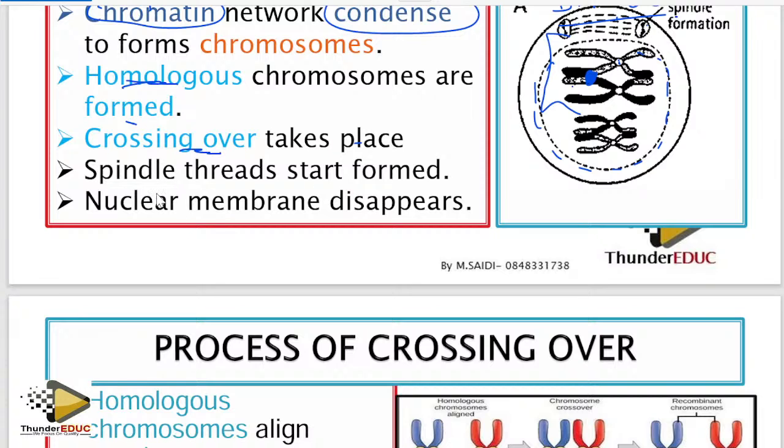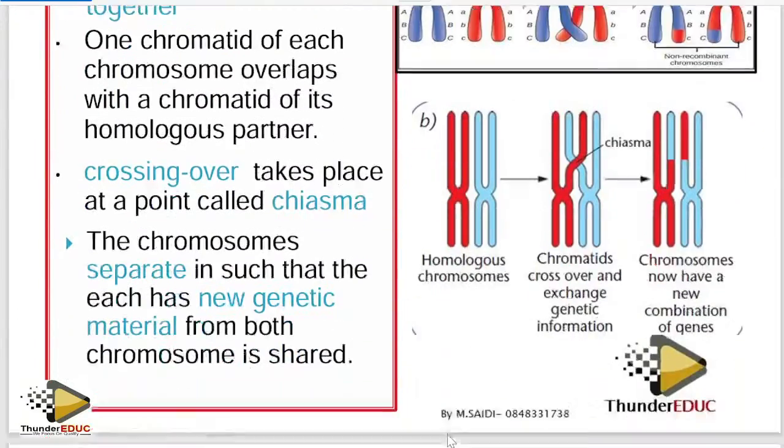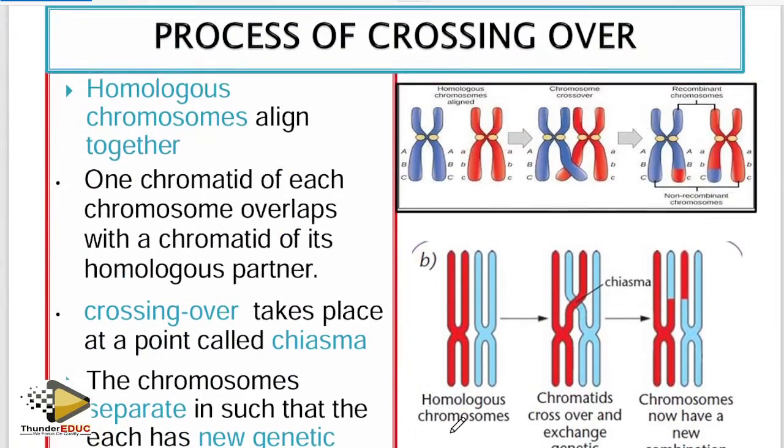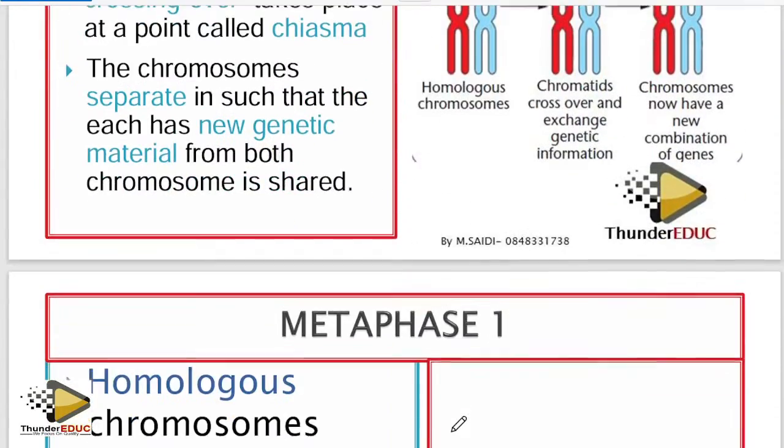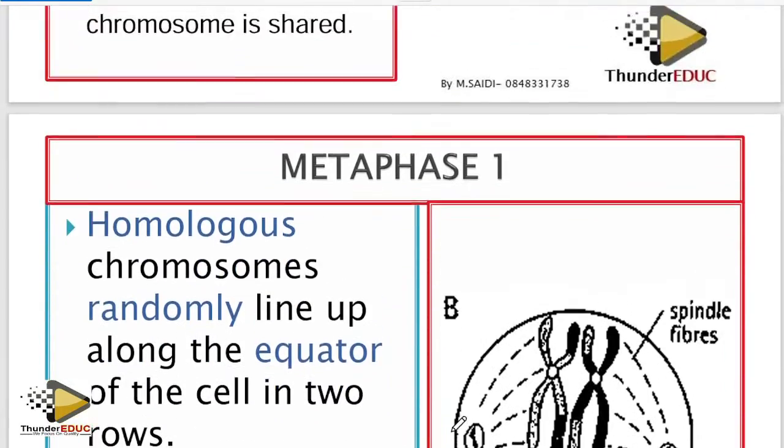That's why we're saying that the nuclear membrane disappears. Disintegration means it starts to break down. And then the process of crossing over has to take place. I'll explain the process of crossing over in just a few minutes.